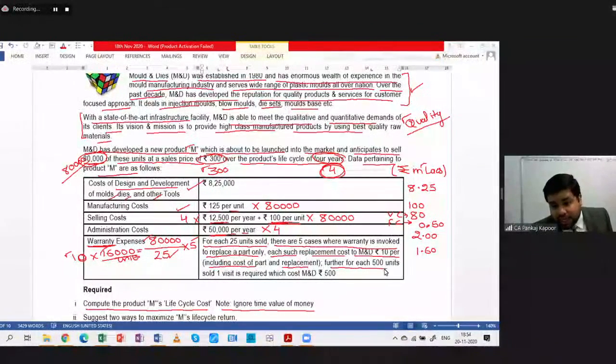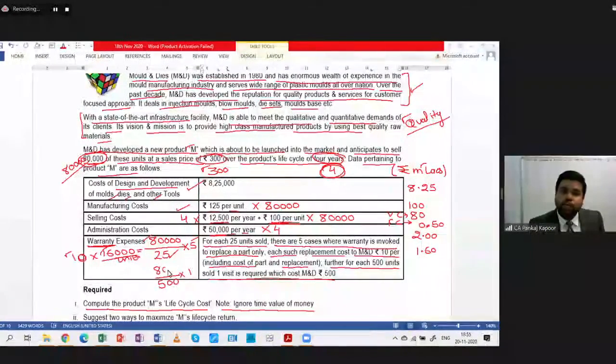Further, for each 500 units sold, 1 visit is required, which costs M&D rupees 500. Obviously, when there is a call from the customer that the product developed some sort of defect, we need to reach the customer location in order to correct the defect. And what he says, for every 500 units, there is a requirement of 1 visit.